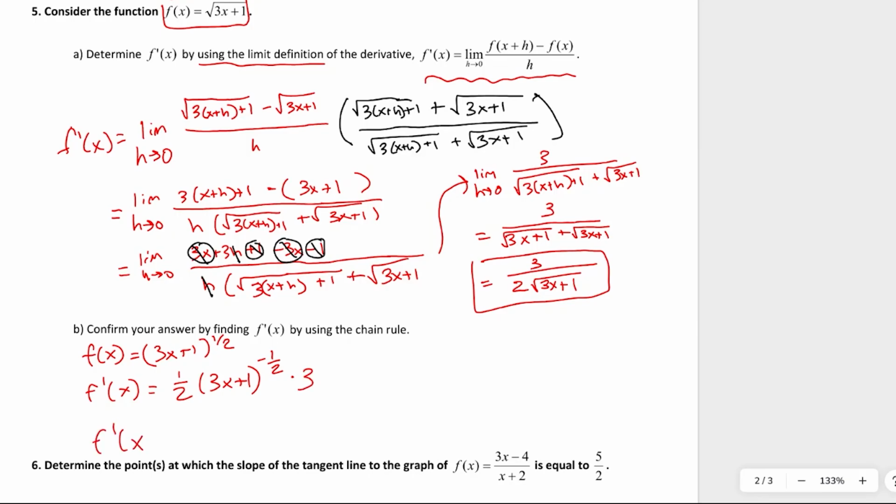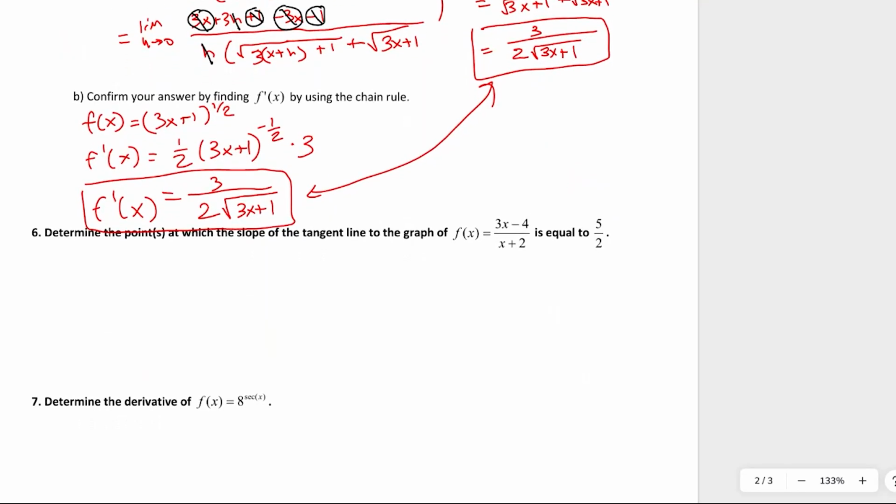So f prime is going to be 3 times 1/2, so it's going to be 3 over 2, and then 3x plus 1 to the negative 1/2 power is going to be the square root of 3x plus 1, but in the denominator. And we can see, sure enough, these are the same thing. But look how much easier that was on part B.